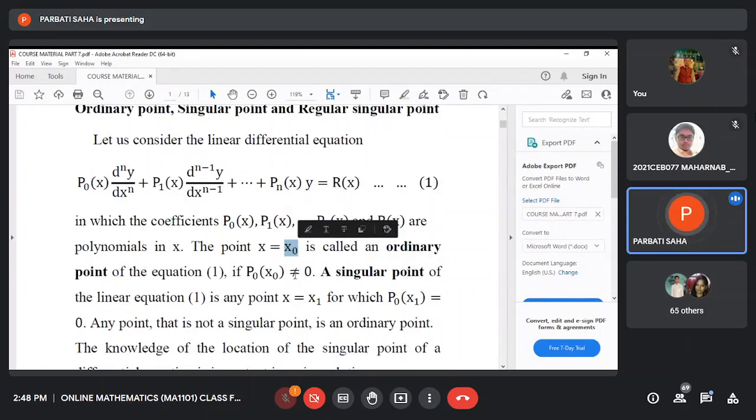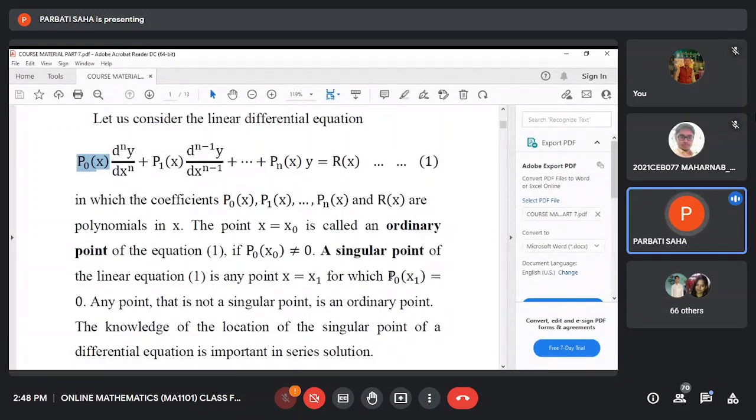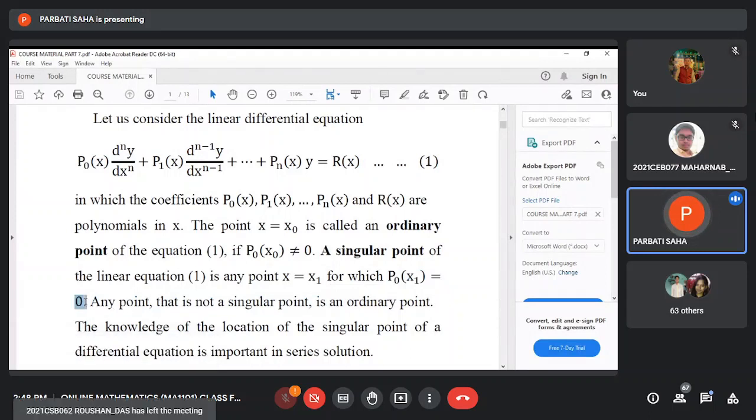On the other hand, if this coefficient becomes 0, then it is called a singular point. Suppose P0x becomes 0 at x equals x1, that is, P0(x1) equals 0.